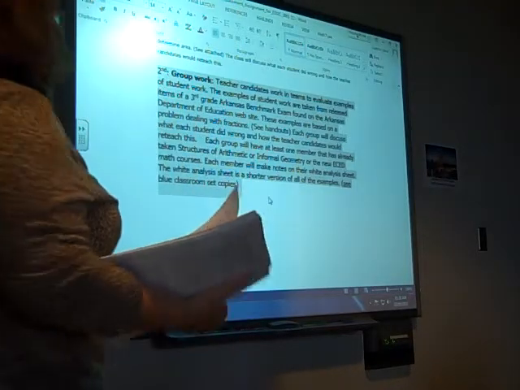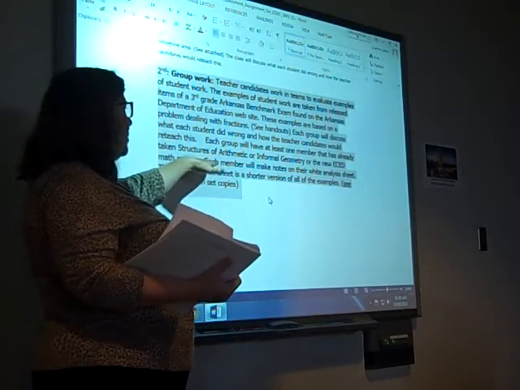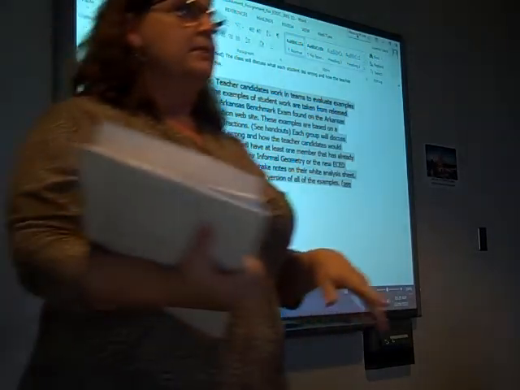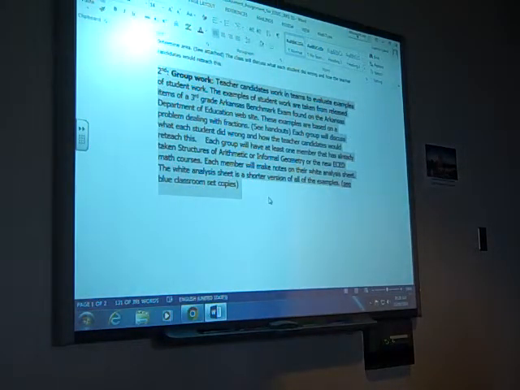Now, while I'm handing these out, let's talk about this part of it. I would like for there to be somebody in each group that's either in these math courses now or you've already taken those. For middle level, the courses would be structures of arithmetic or informal geometry. Oh, they're different. They're front and back. And try to save paper.